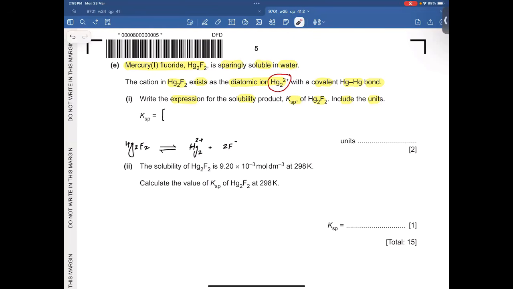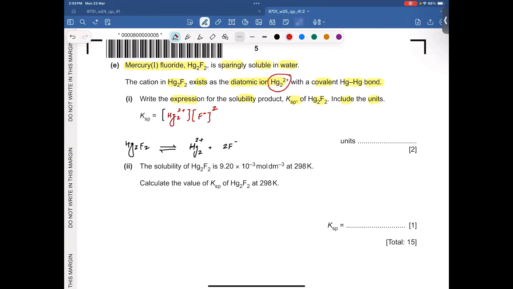So the concentration of Hg2 2+, times the concentration of fluoride ions. Since we have 2 moles in the equation, it has to be raised to the power of 2.